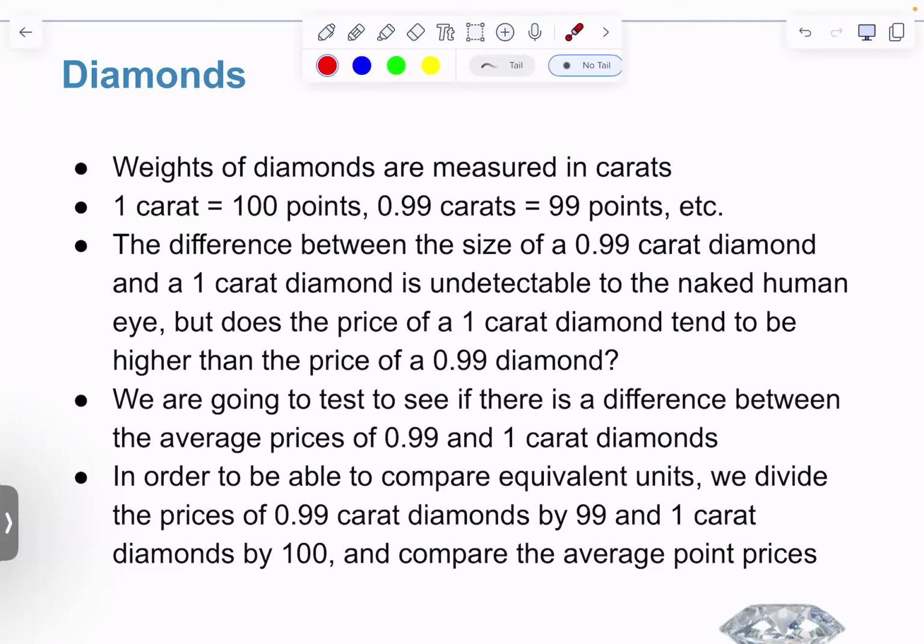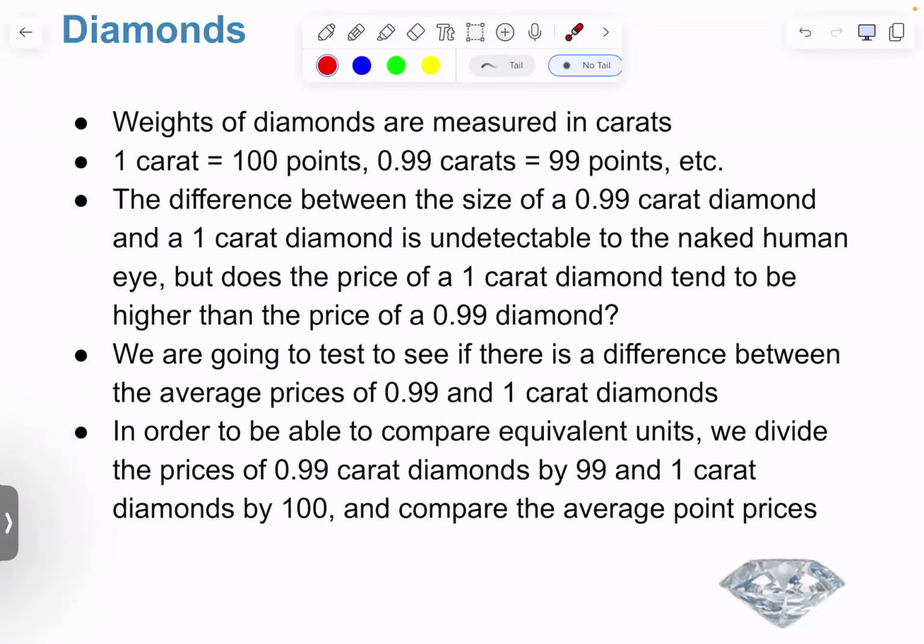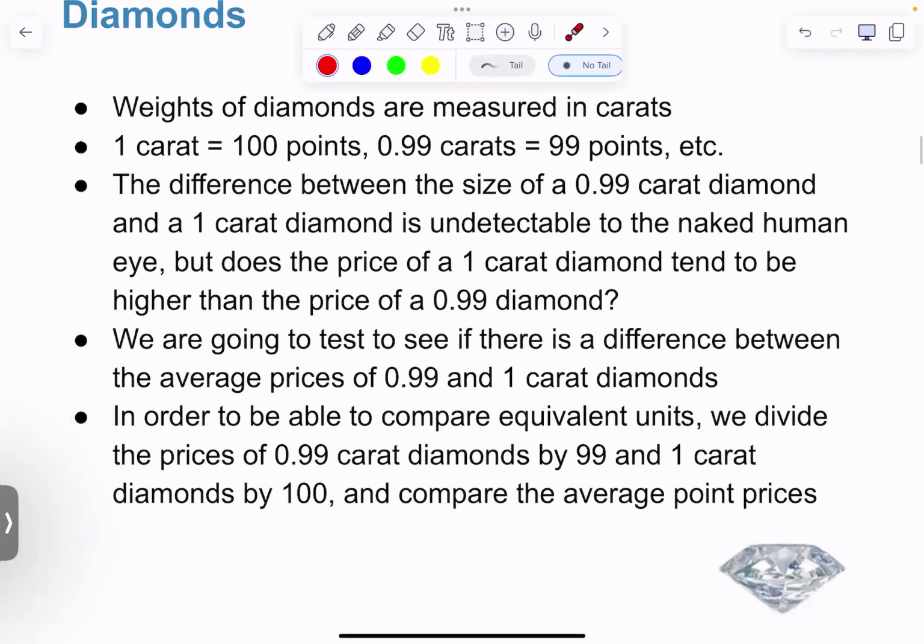We'll talk about what that means if that's the case, but that might be useful to know. And so I've got a question for you, because here we're talking about, does it tend to be higher than the price of a 0.99 carat diamond? What does that mean in terms of my alternative hypothesis?